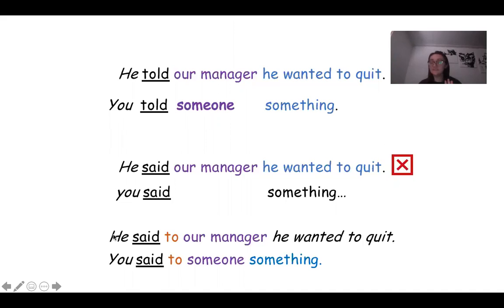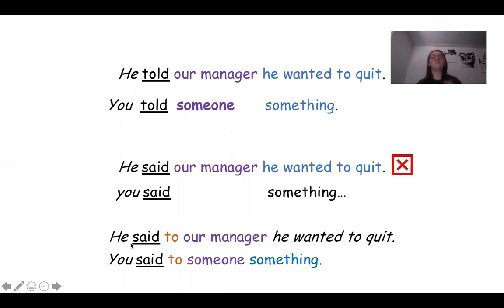But that being said, in English, because it's English and there are a lot of exceptions, there are a lot of things that don't follow the rules. You could use said, you just have to change the order of the sentence. You need to add something to the sentence to make it make sense in English, to make it sound correct.